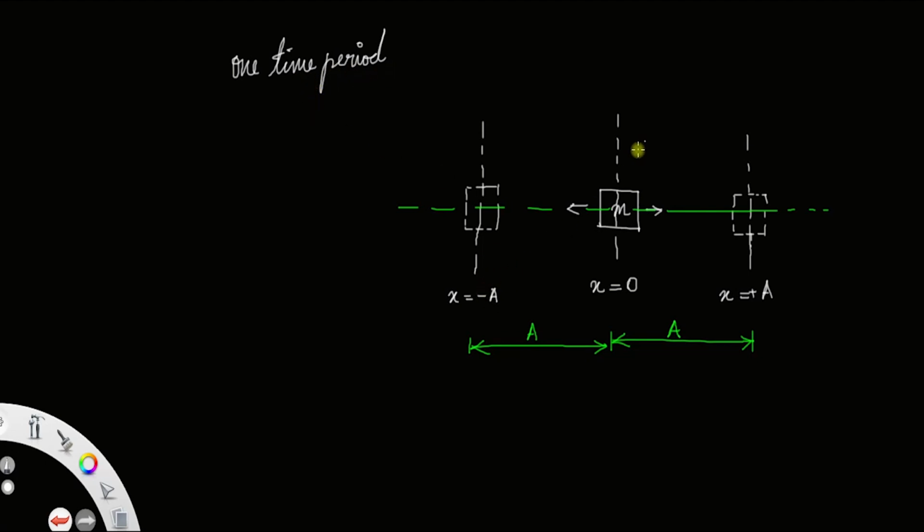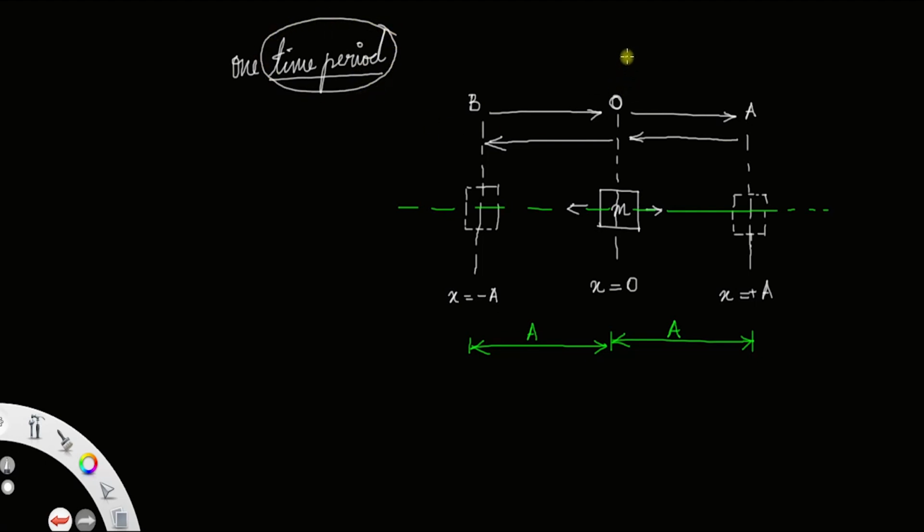Suppose the particle starts from O, and let's call the extreme right position A and the extreme left position B. One time period basically means the particle starts from the mean position, moves towards A, then from A comes back to the mean position, then from the mean position goes to the left extreme, and from the left extreme comes back to the mean position itself. So this whole path is one time period.